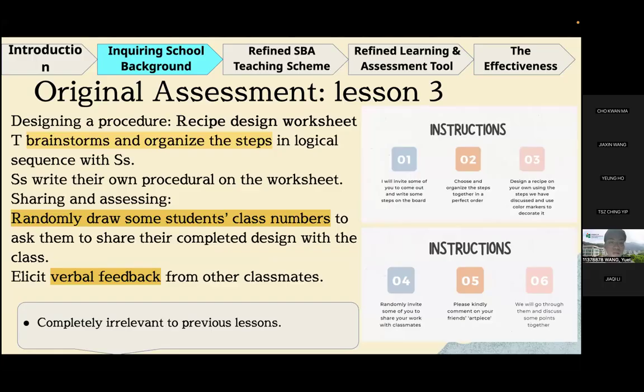Another assessment is about designing a recipe on a worksheet. Similarly, it is completely irrelevant to the previous lessons and the objectives of helping the students to apply past tense on verbs, which makes it not much of a point to analyze all the assessments from this particular lesson.